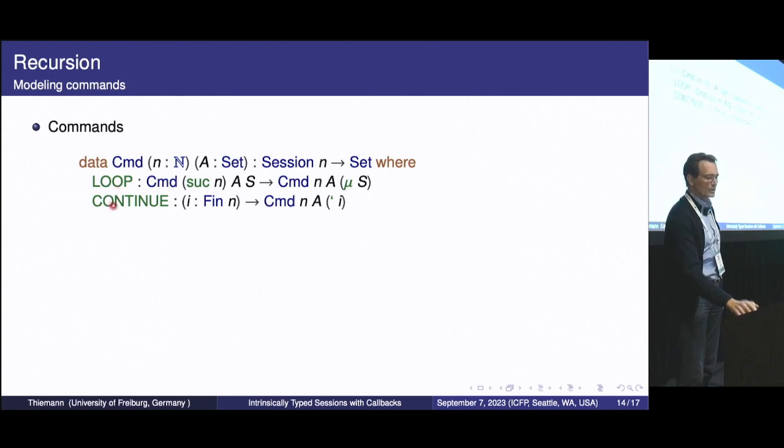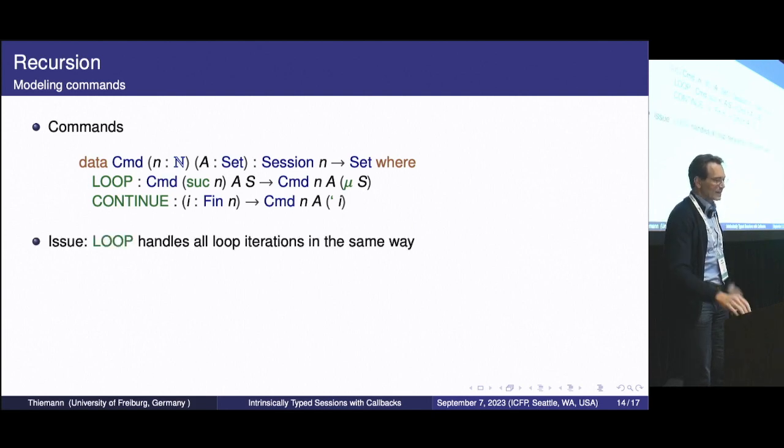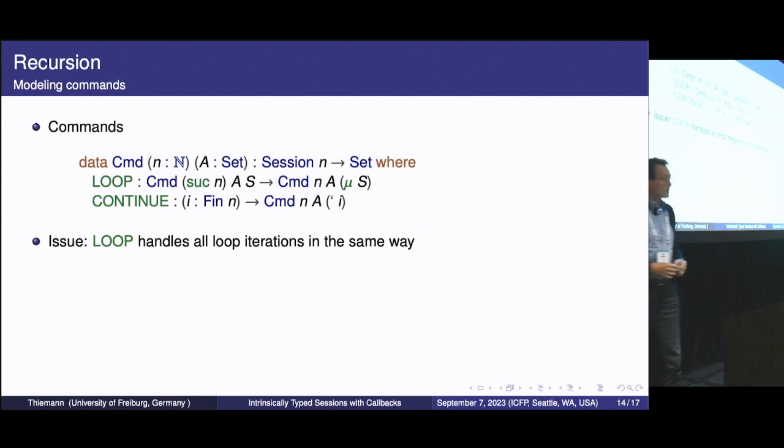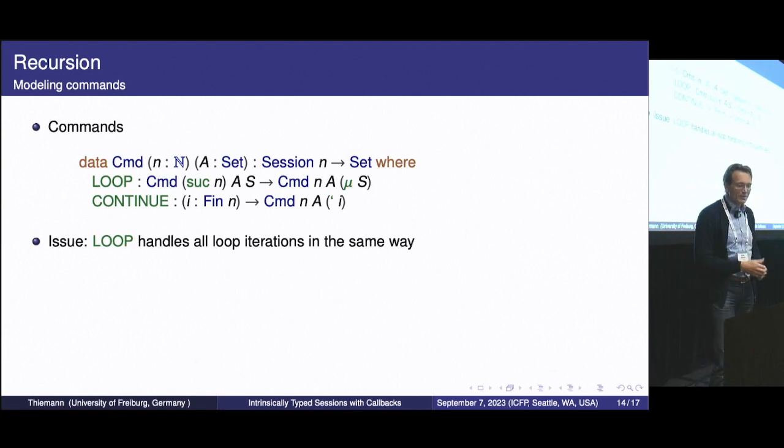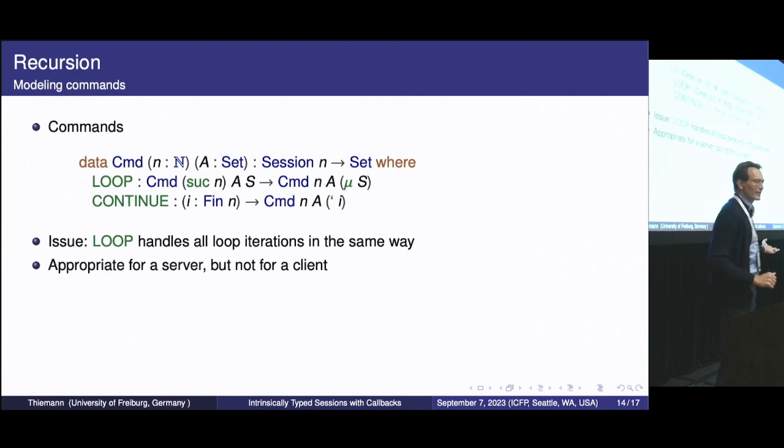So if you have several loops, you can jump out of any nesting level of the loops as you might expect. One thing that's interesting about this loop command, as you can more or less see from the type definition, is that it handles all loop iterations in the same way. This is the command for the loop body, for all iterations of the loop body. So this is probably fine for a server, but if you write client code against such a recursive type, that might be a bit annoying to do.